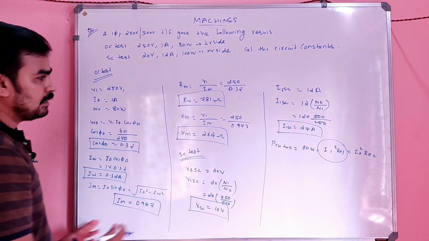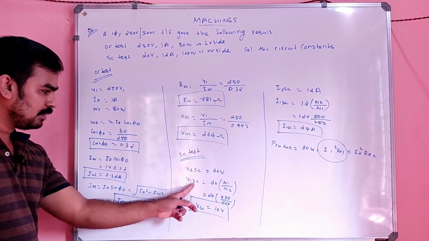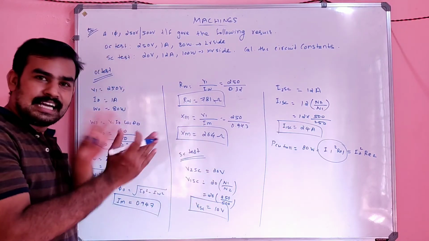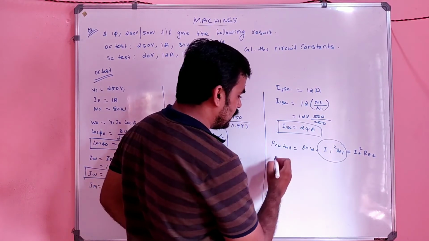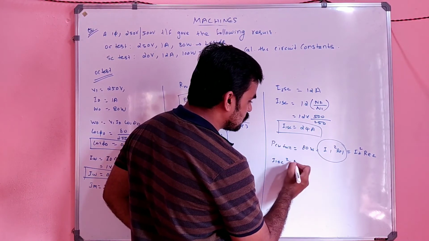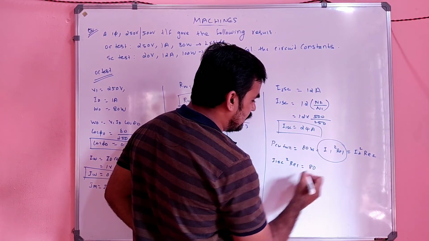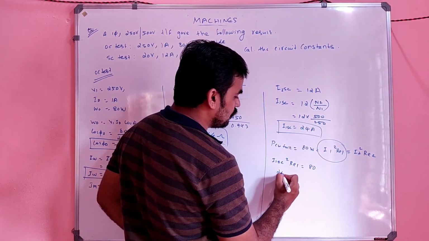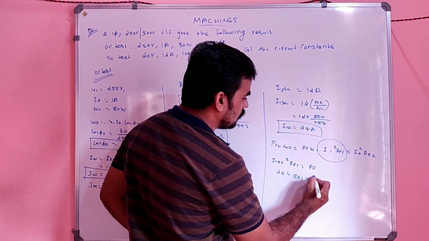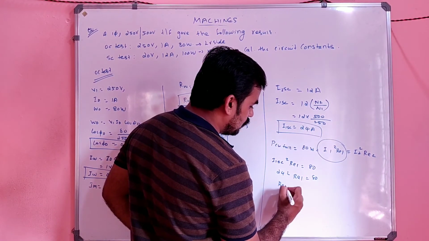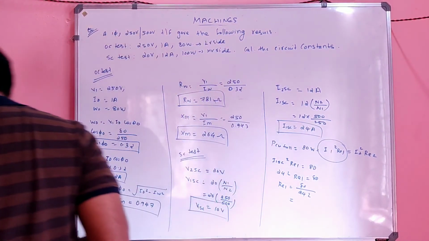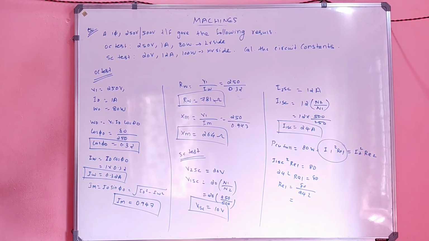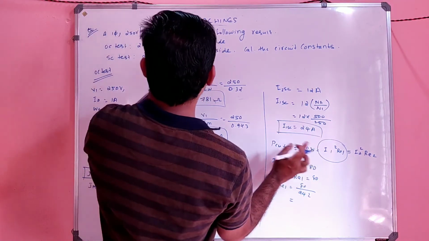I1SC is nothing but the current regarding the LV side. So I can write I1SC square into RE1 equal to 80, so 24 square into RE1 is equal to 80. No, it is 100. Sorry, my dear.